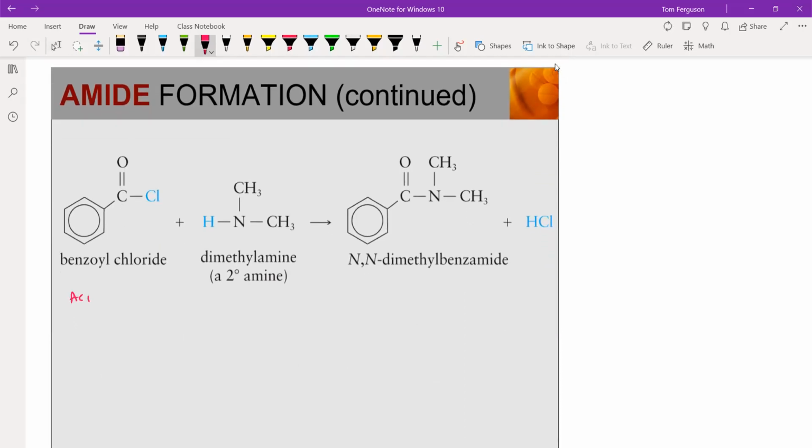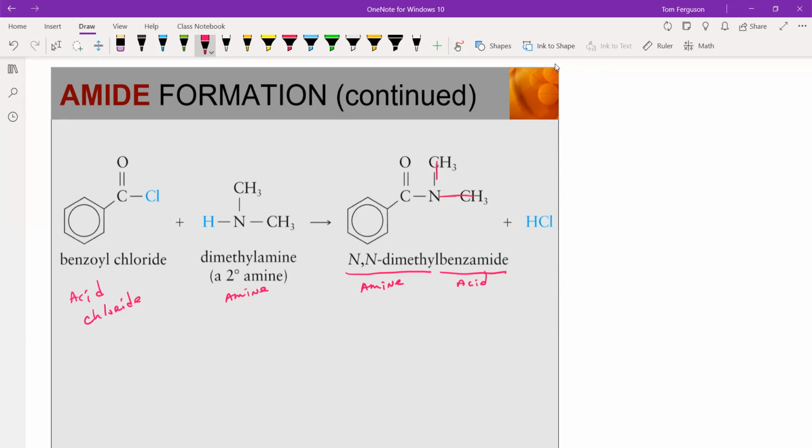Okay, so this is the acid chloride. The amine. And notice we have methyl groups hanging off that nitrogen.